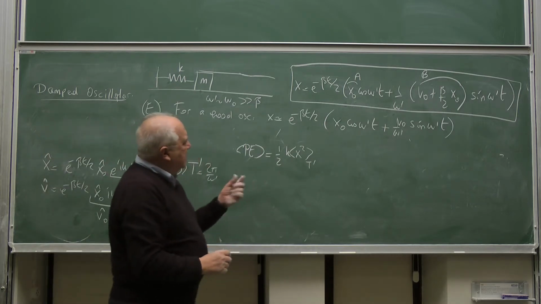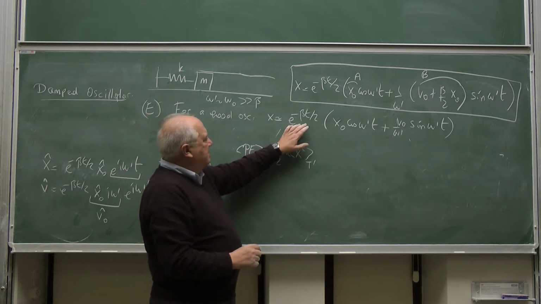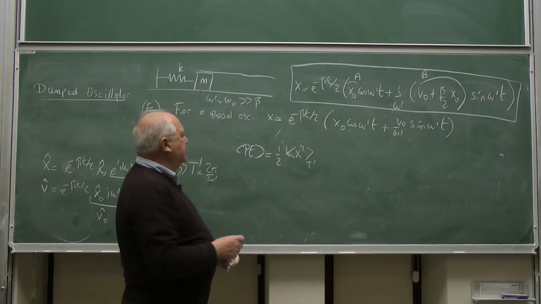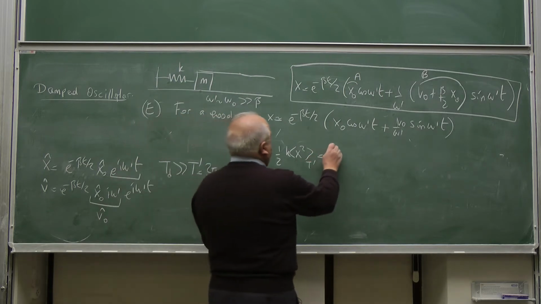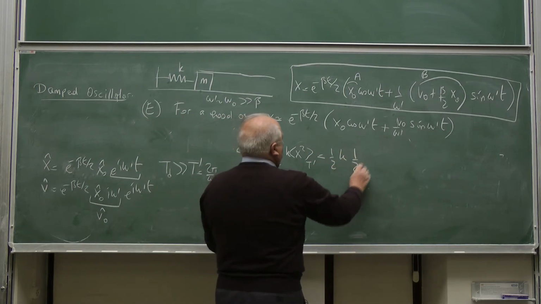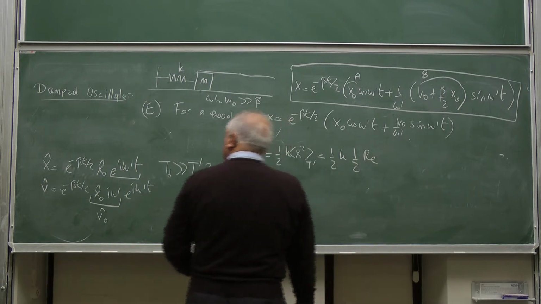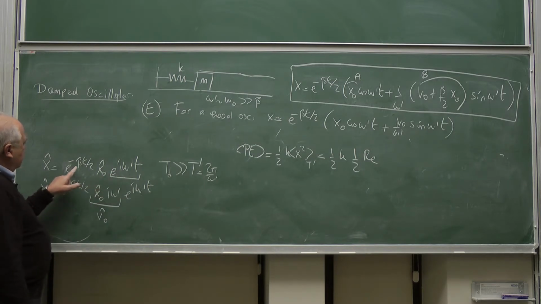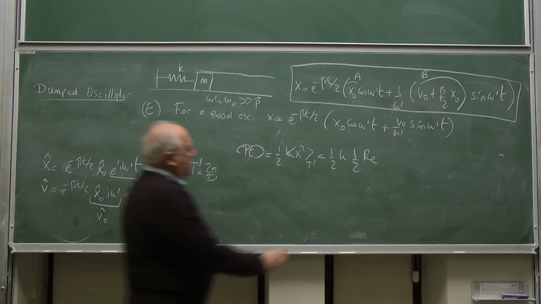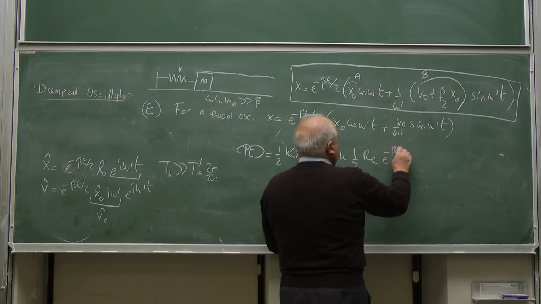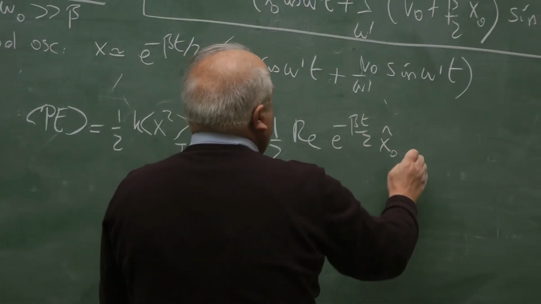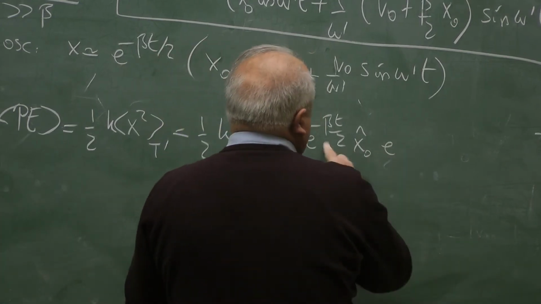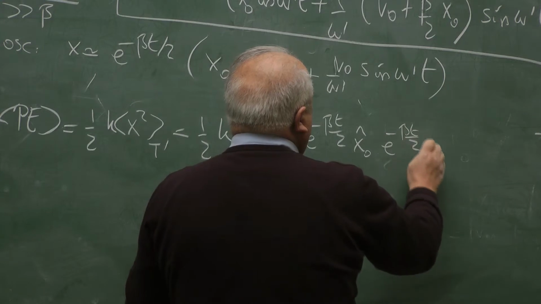So that means we can take this time function as constant during the averaging interval. So it is 1/2 k, 1/2 the real part of. Now the coefficient of the harmonic function is this and that. So I have e to the minus beta t over 2, x0, and the complex conjugate of the other one. This is real, so it's the same thing again.